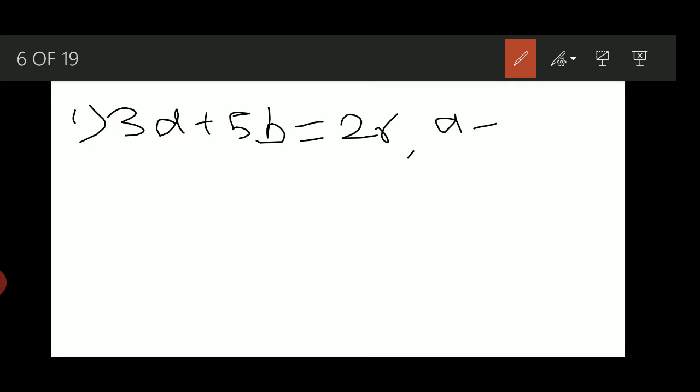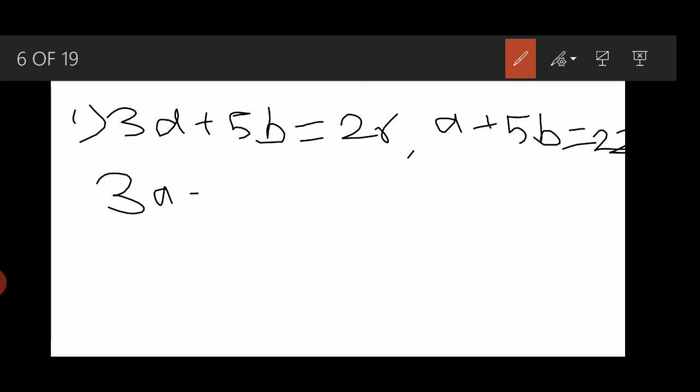The first example is 3a plus 5b is equal to 26, comma a plus 5b is equal to 22. Now we have to solve this simultaneous equation by using the method of elimination by equating coefficients or by the substitution method. Now we have to solve this equation by the method of elimination by equating the coefficients. See how to solve.